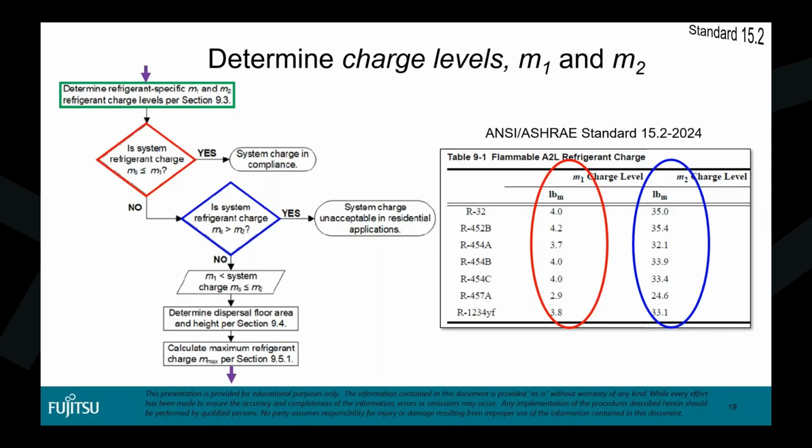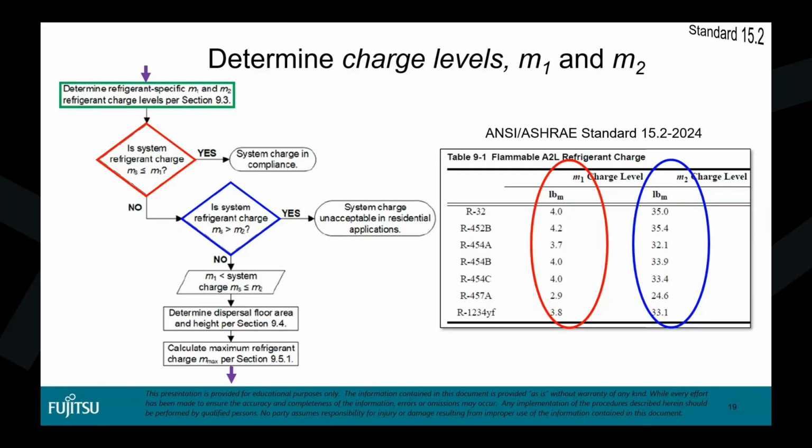The question in red is: is the charge less than M1? If it's yes, you go to the right. Charging is in compliance. You're good to go. Less than 4 pounds in the residential application, you're good to go. If it's not, then you go down, it's a no, and then another question in blue says, is the charge bigger than M2? What's M2?